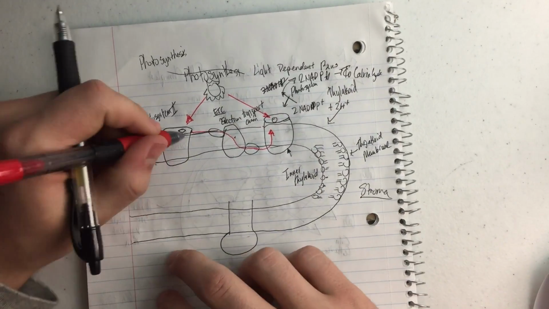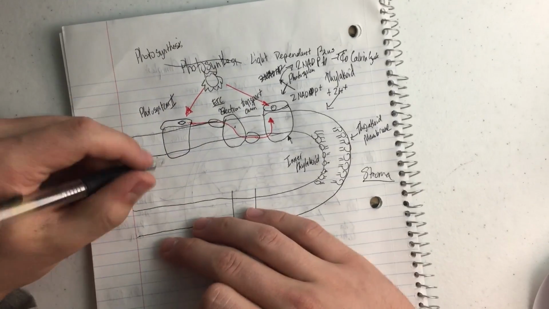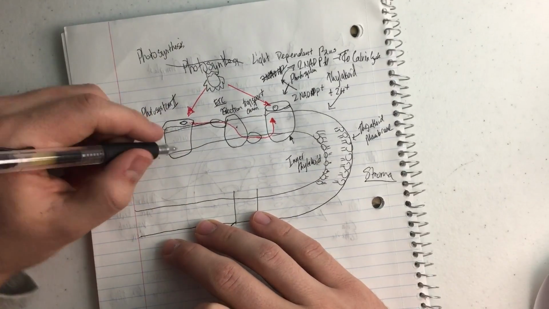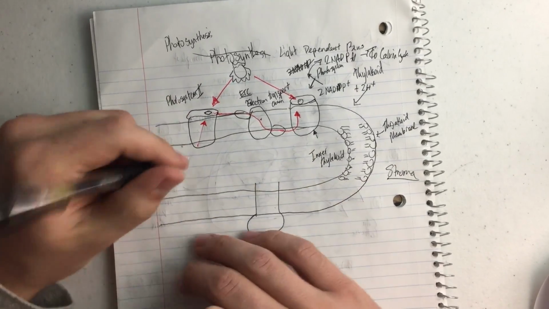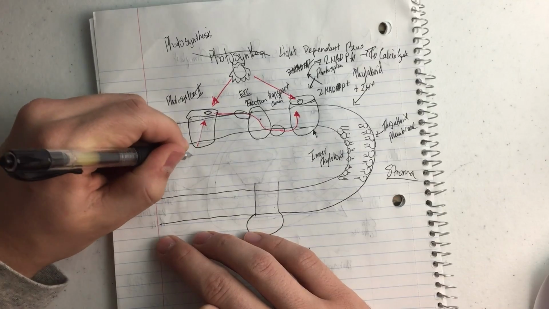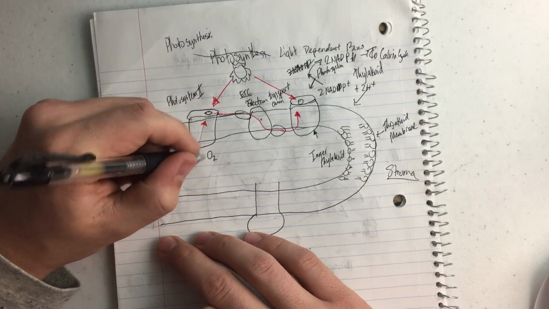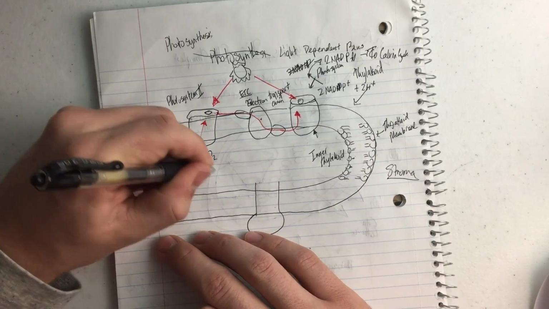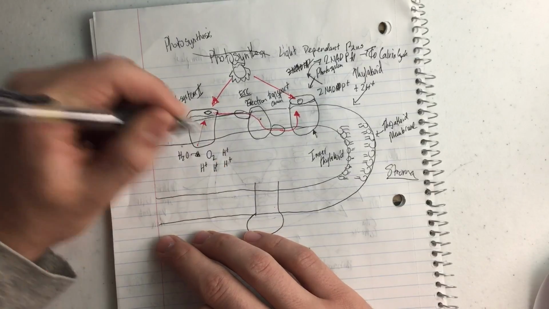But where does the electron go? Since an electron moved through here, where does this electron come from? Well, here we're going to have a high potential energy electron that's picked up, and they get the electrons from the breakdown of H2O into O2 and hydrogen ions. 1, 2, 3, 4 hydrogen ions to be exact.